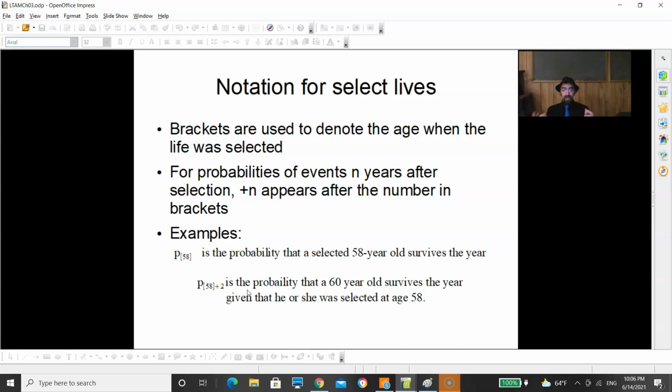We also shouldn't just say P60 because it's not like you were selected 20 years ago. So what do we say? P selected at 58 plus 2 more years. That means this person is 60 years old now. 58 plus 2 is 60. But we say you were selected at age 58 and then 2 more years passed.